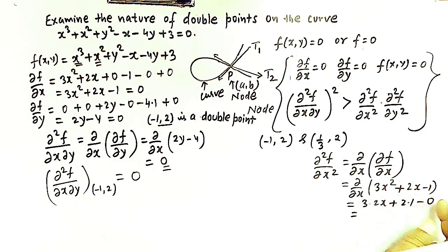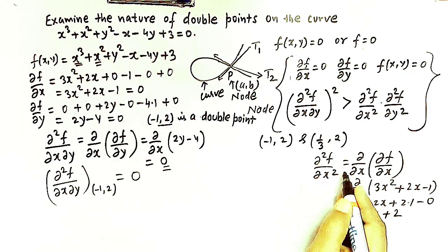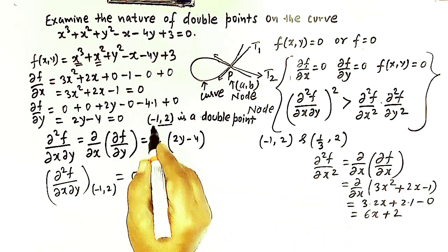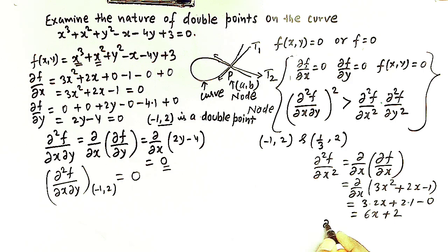So here we have this expression in terms of x only, right? So this is 6x, and here we have 2. So now let us find out the value of this second order partial derivative with respect to x at this point, right? So we have del square f over del x square at minus 1 comma 2. So x is minus 1. So we have 6 times minus 1 plus 2, minus 6 plus 2, that is minus 4, right?